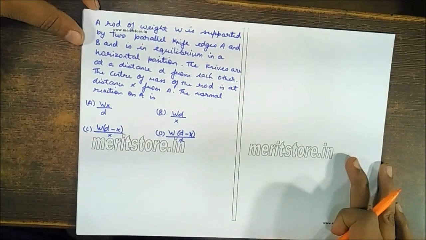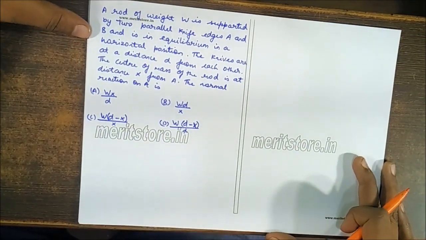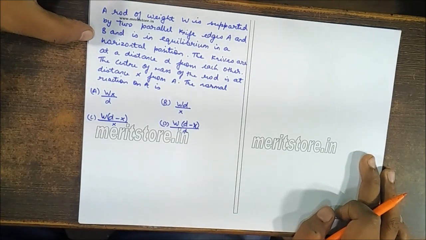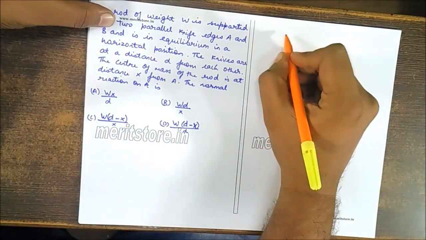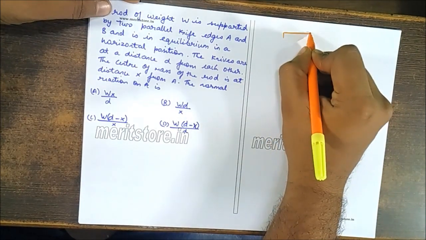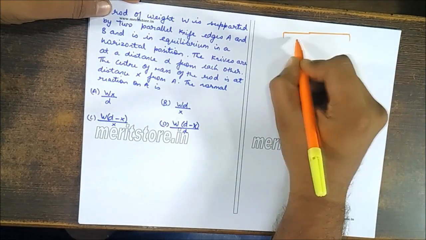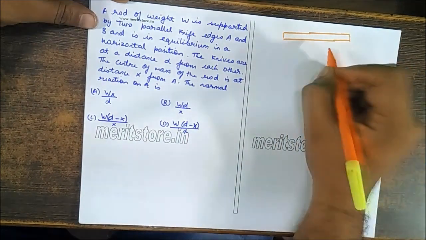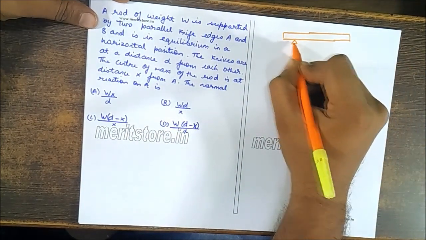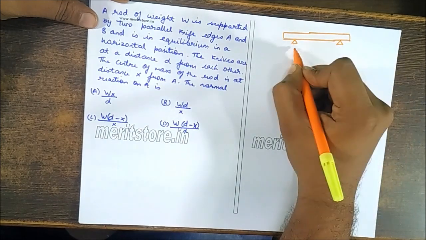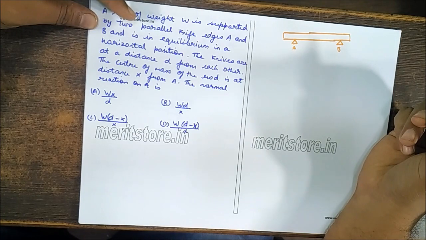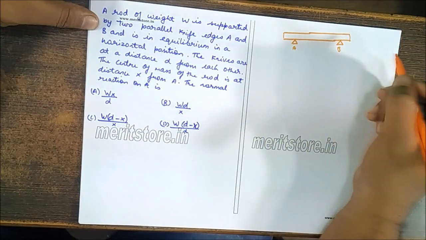Now we have the next question. A rod of weight W is supported by two parallel knife edges A and B, and is in equilibrium in a horizontal position.